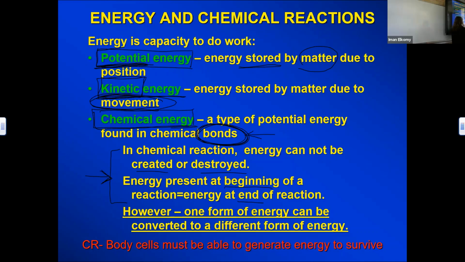However, one form of energy can be converted to a different form of energy. So what does that mean? I'm not creating energy. I'm not destroying energy. I'm not adding energy to it. I'm not taking away its energy, but I can use the energy.